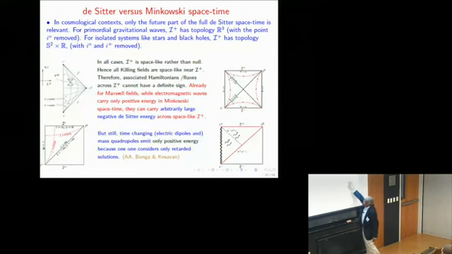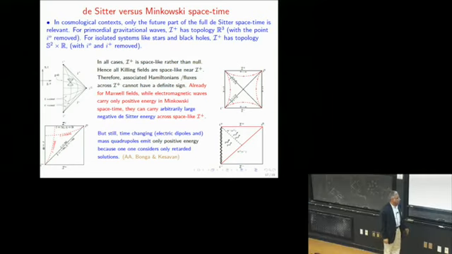Now, when people talk about cosmological de Sitter spacetime, they don't mean with the S3 topology. In real cosmology, when they're not talking about isolated systems but just about primordial radiation, in the past you have a Big Bang. In the future, we have scri up here.